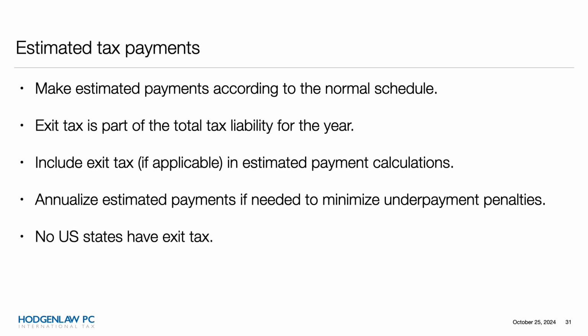And it may be necessary or helpful to annualize estimated payments if needed to minimize underpayment penalties. For example, if you expatriate later in the year and your assets increase in value wildly before you do that, and for whatever reason you decide to go ahead with it anyway and you're going to pay the exit tax, you might need to use the annualized method to make sure that you can keep your underpayment penalties as low as possible.